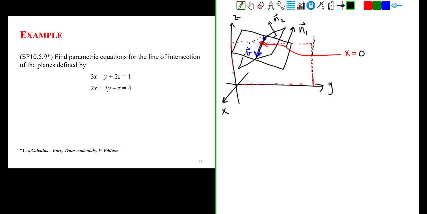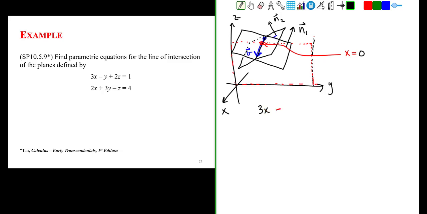Let's look at our point x equals 0 along that line. That point is also going to lie in both planes and be shared by both planes. Since x equals 0 is shared by both planes, let's return to the equations of the planes.